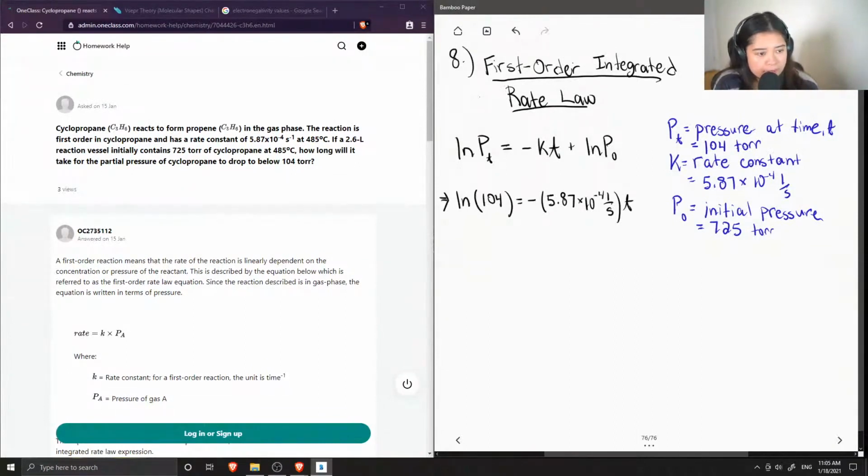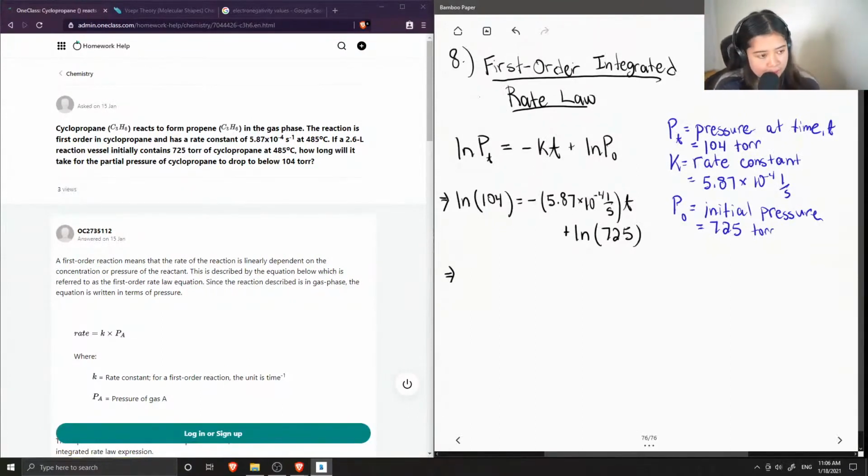I didn't give myself enough room, but let's just continue it here. Plus ln of our initial pressure, which is 725 torr.